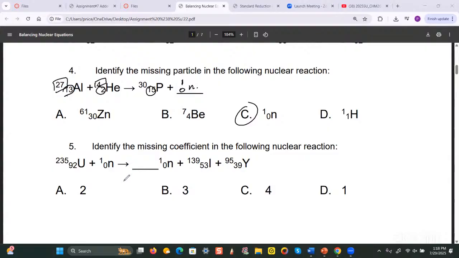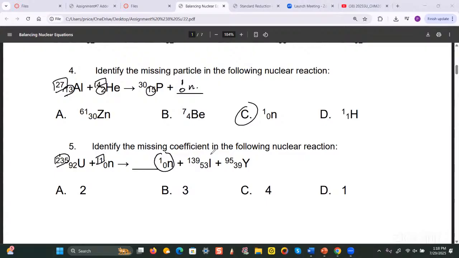Okay, number 5. Now, number 5 is a bit different because in this case, you need to find out how many neutrons you're going to end up with. So you need a coefficient right here. So again, you add up the total on the left side, which is 235 plus 1, so that's 236.